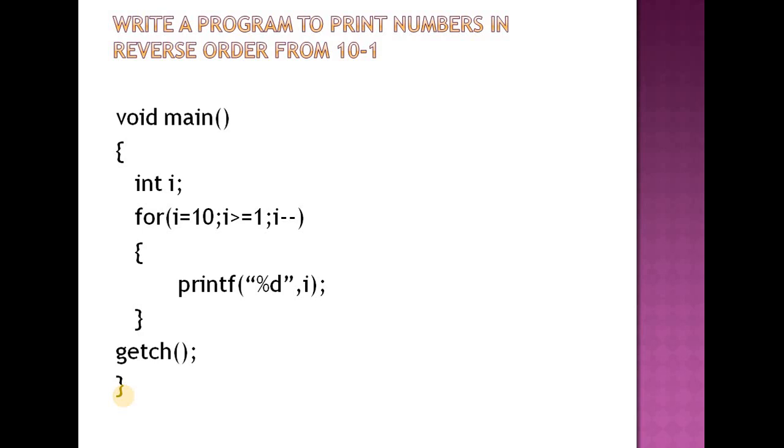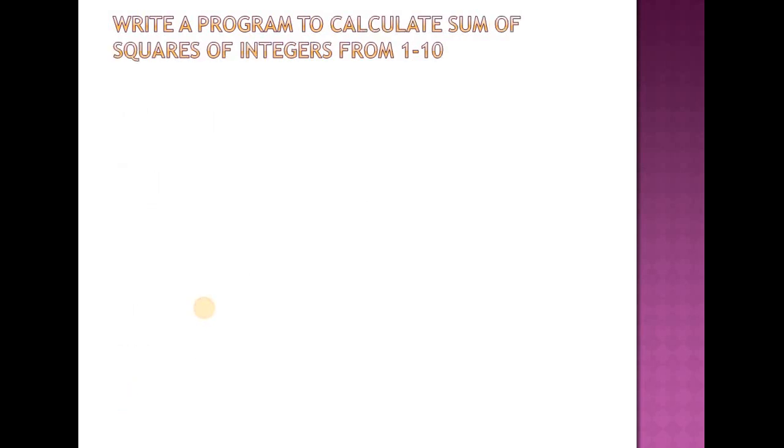But in case of the do while statement, for the first time the body of the loop will get executed and then the condition will be checked, and then if it is false, the body of the loop will not get executed for the next time. Okay, we'll see one more example.